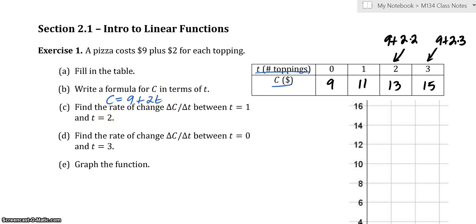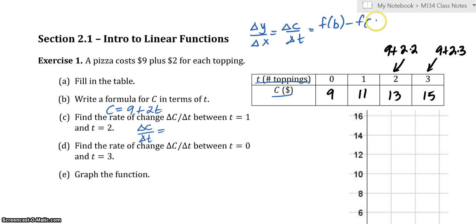Part C you could try. It is finding the rate of change. That is from the last section. So let's go ahead and find the rate of change between t equals 1 and t equals 2. And they're going to call it the change of C over the change of T. If you recall, the formula in the last section said delta y over delta x, but the y is like our C and our x is like our T. In this case, and if you remember, it was f of b minus f of a all over b minus a.